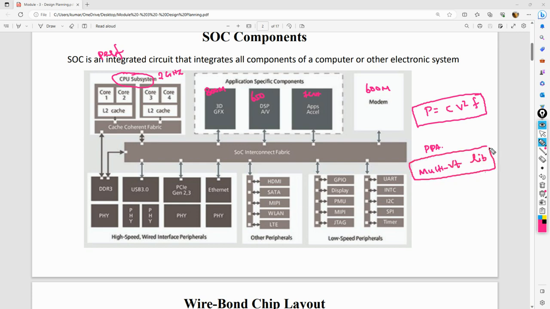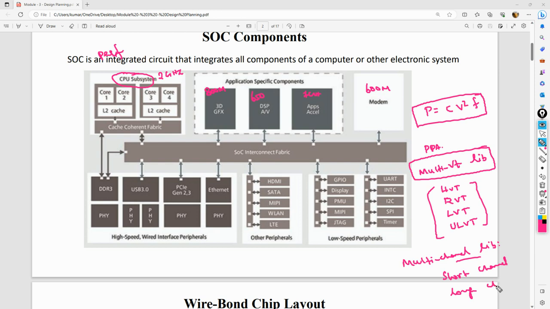For example, you have an HVT library, an RVT, an LVT, and a ULVT, and on top of all this you also have multi-channel libraries: a short channel and a long channel. You choose the cells that help you meet your PPA targets.